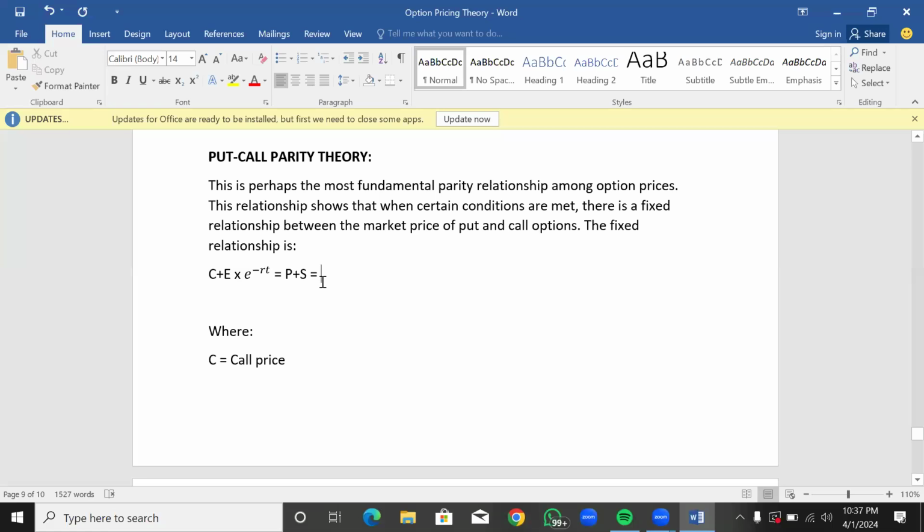So now let's assume you want to calculate for put. If you want to calculate for put, automatically this then turns.